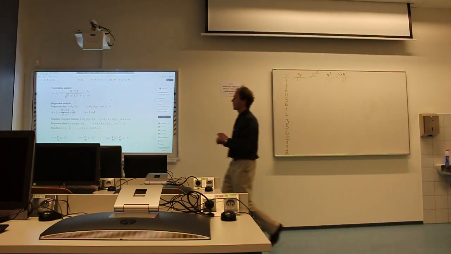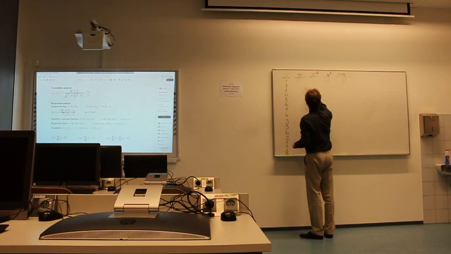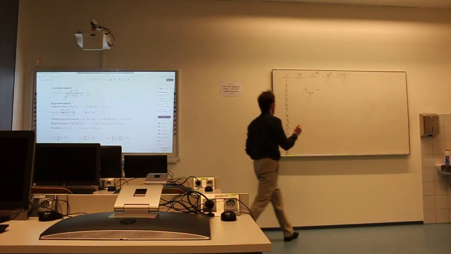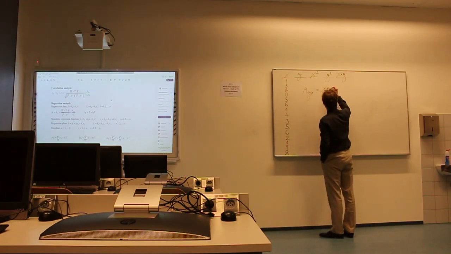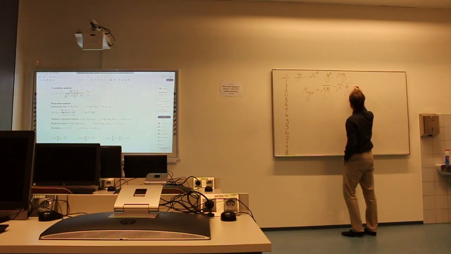Correlation coefficient r_yx. In the numerator: xy stripe minus x with stripe times y with stripe.